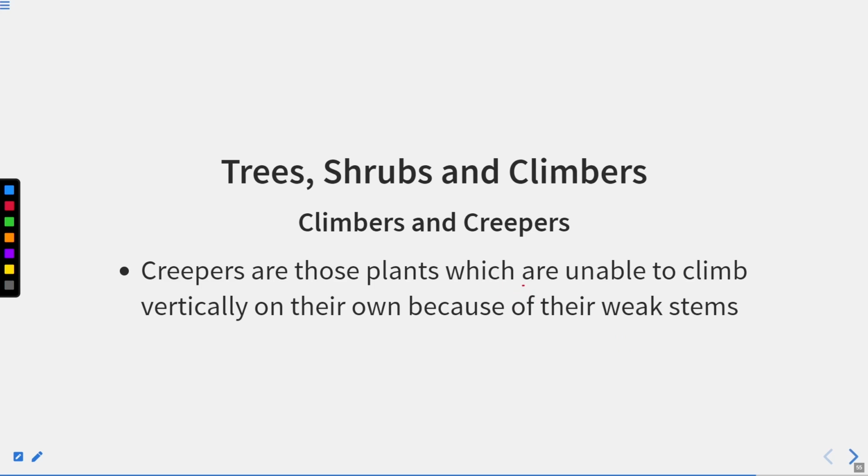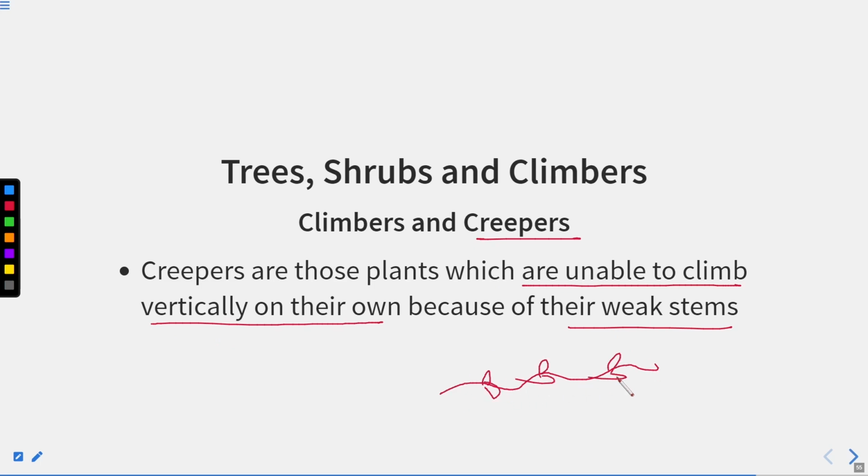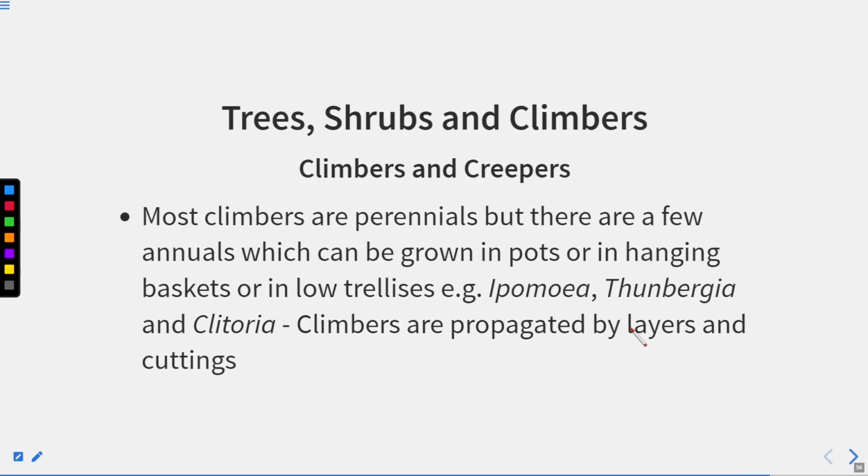Creepers are those plants which are unable to climb vertically on their own because of their weak stem. So the creepers creep on the ground, like this. We must have seen the garden nasturtium. It has a very beautiful orange and yellow flower, but it creeps on the ground.